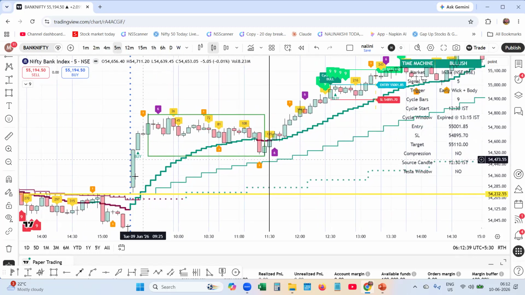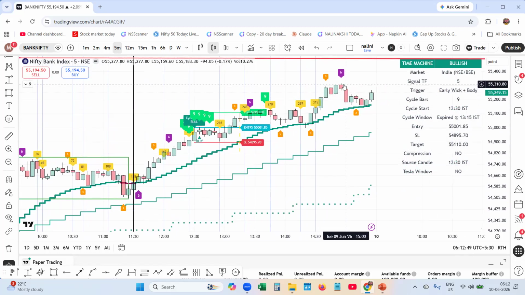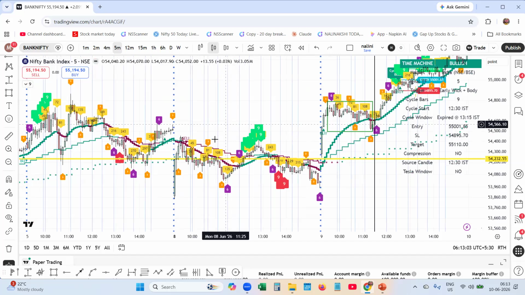And if you would have missed this, as an intraday trader, you got an entry over here around 54,600. That Bank Nifty rallied to 55,310. Almost 1,000 points. So beautiful alignment. This type of alignment happens. For this type of alignment, see how it has cooked.